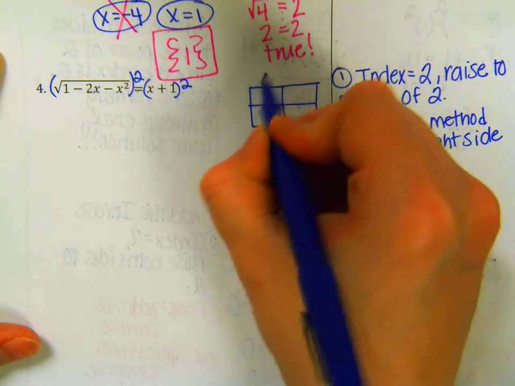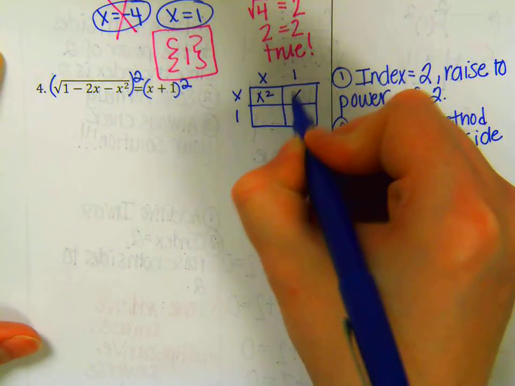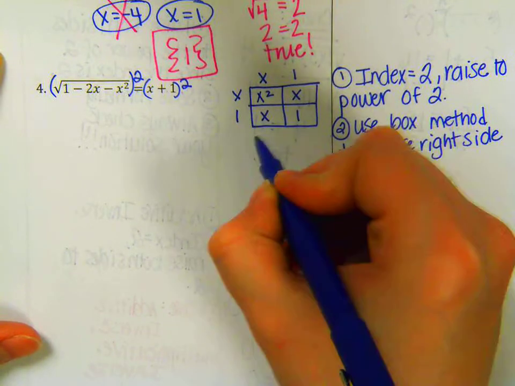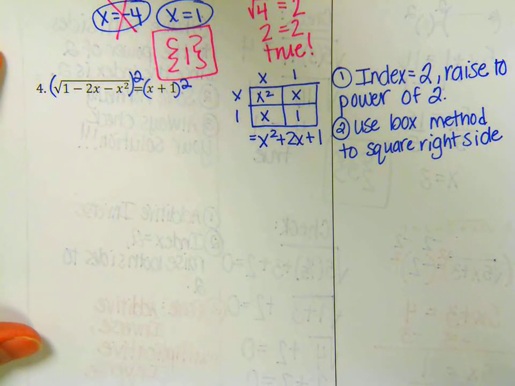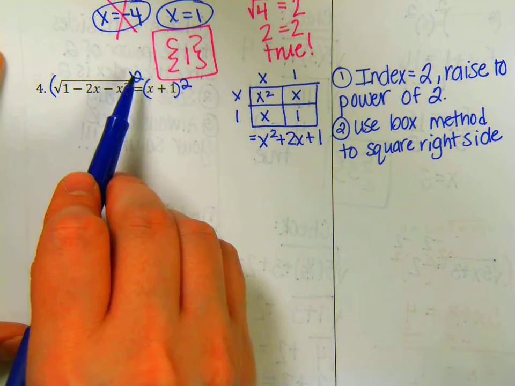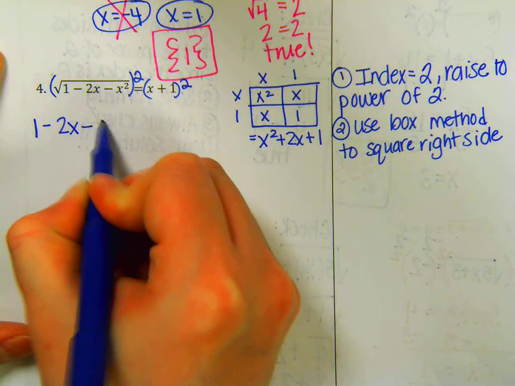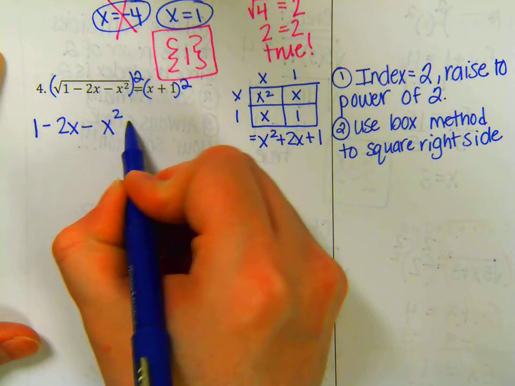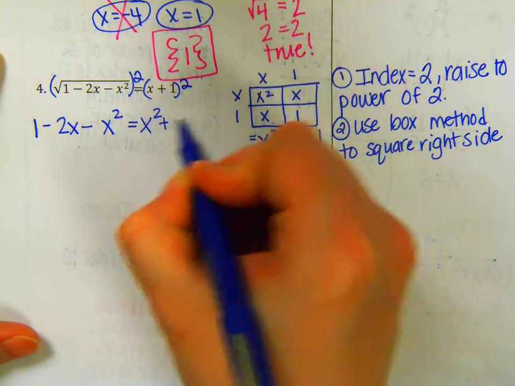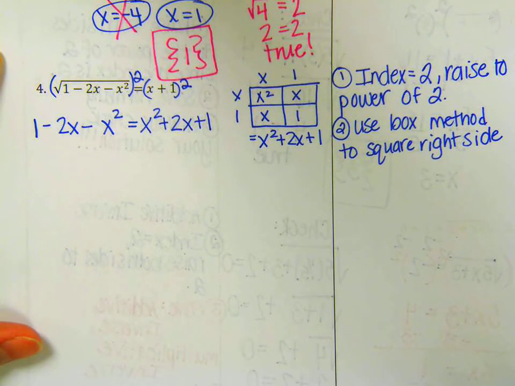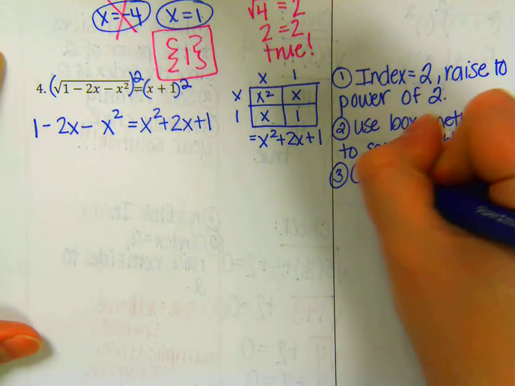So I have x plus 1, x squared, x, and 1, plus 2x plus 1. On the left side, I don't have to do anything over here, it's just 1 minus 2x minus x squared. On the right side, I have x squared plus 2x. Step 3, get everything to one side.